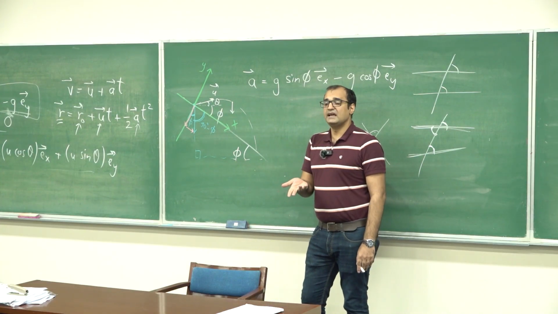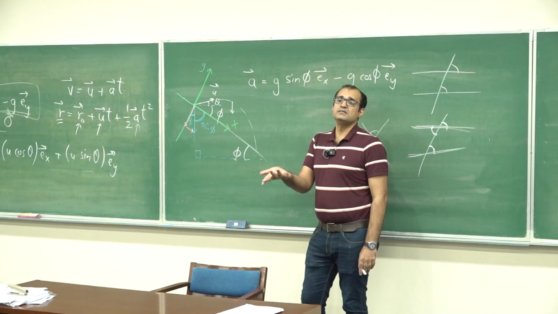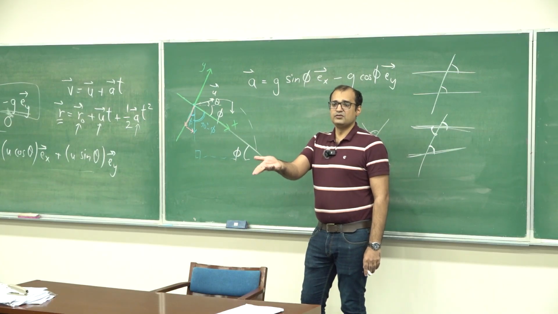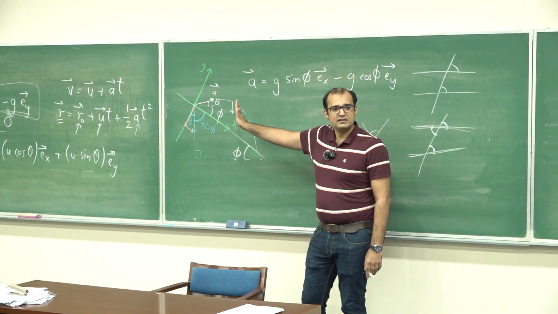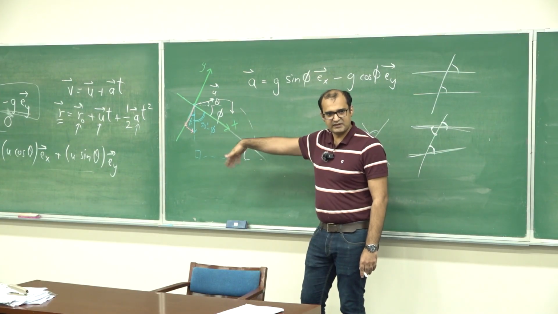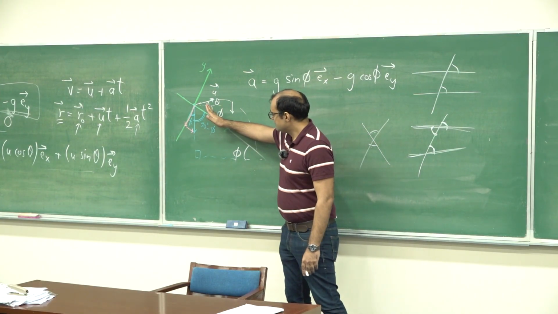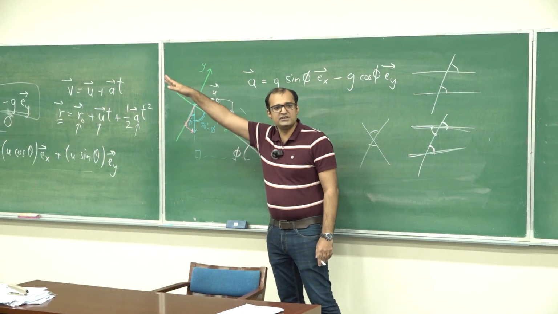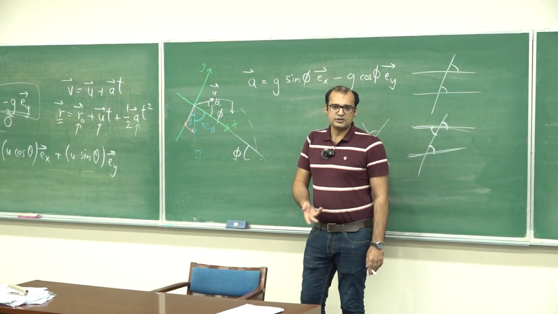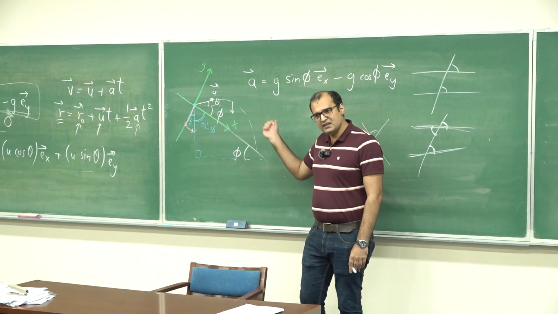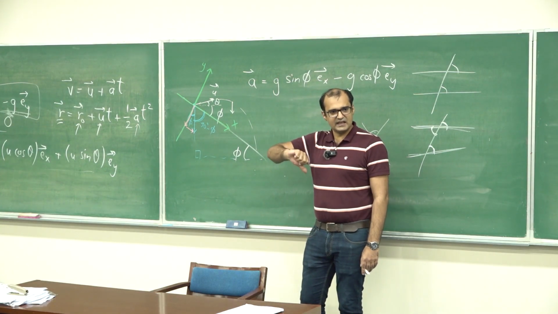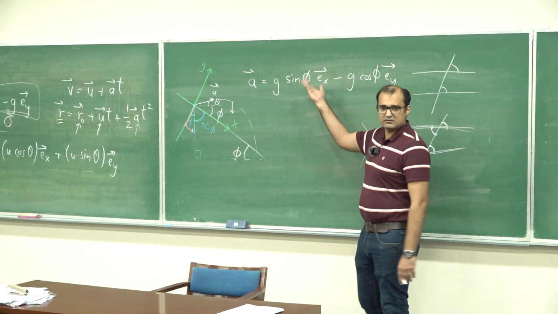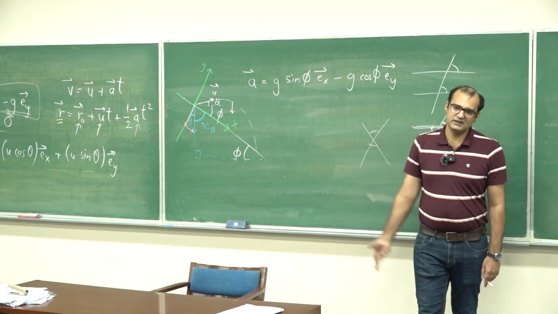The x component should contain a sine: when phi is 0, the x component should be 0, because your tilted coordinate system is back to the original coordinate system. So the x component comes with the sine, the y component comes with the cosine, and the y component points in the negative direction. So that's what you should have.